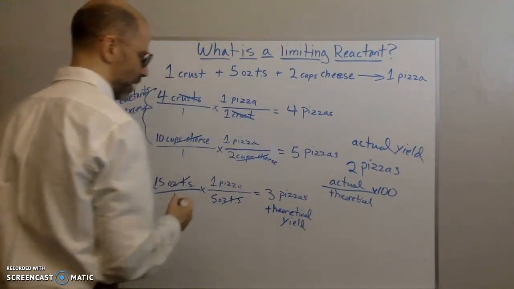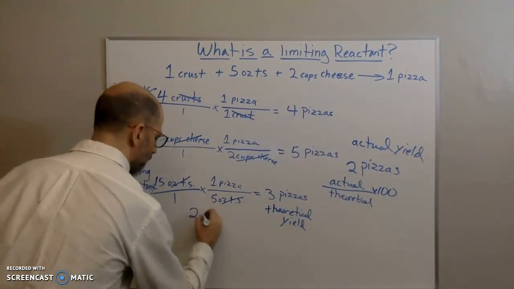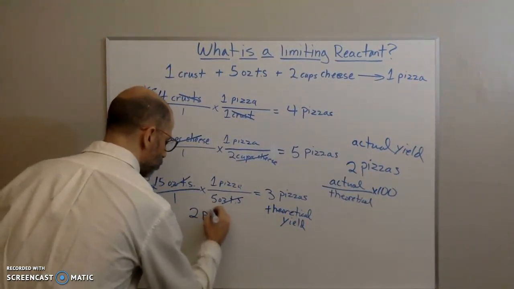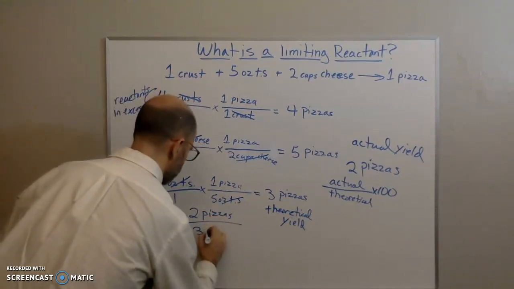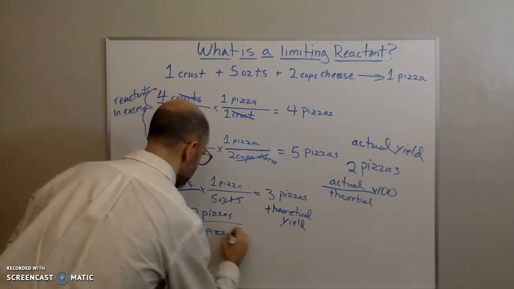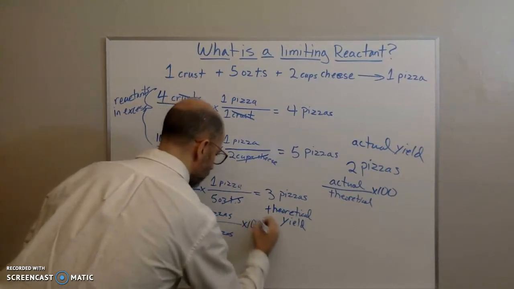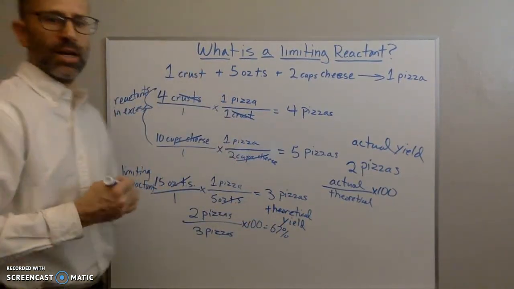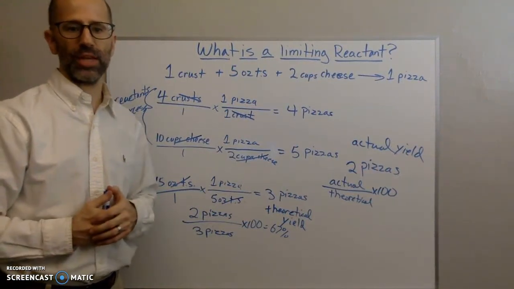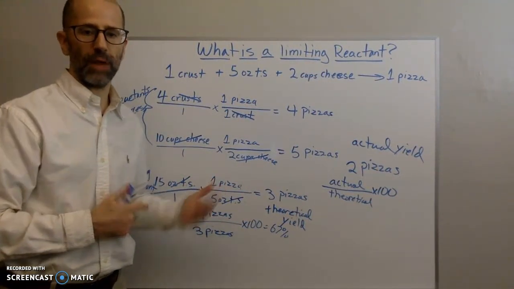So in this case, I actually made 2 pizzas. Theoretically, I should have got 3 pizzas. Then I multiply by 100 and I get 67% yield. So I only got 67% of the pizzas I should have made.